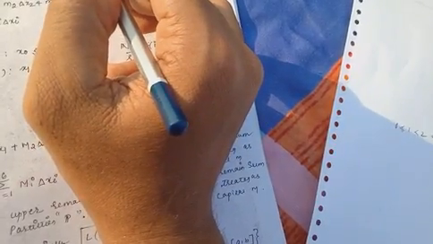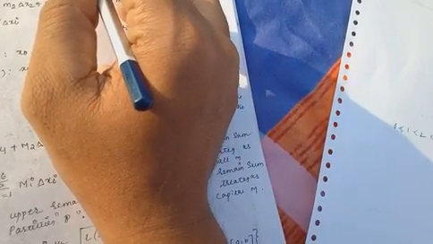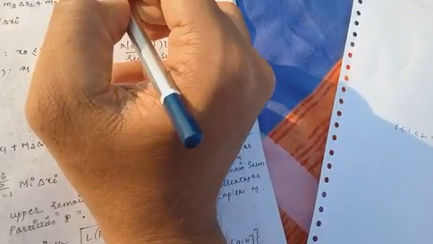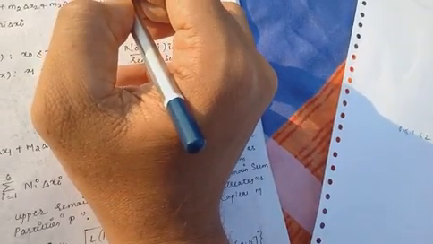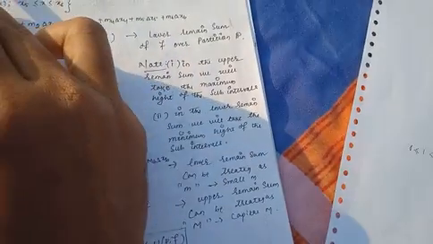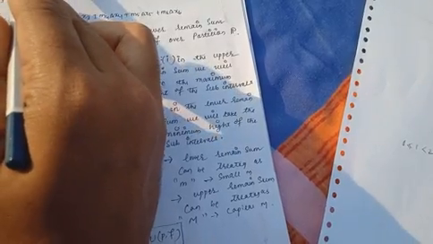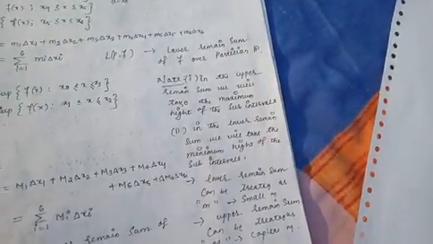So this can be written as m1 equals the infimum of f(x) for x0 less than or equal to x less than or equal to x1.